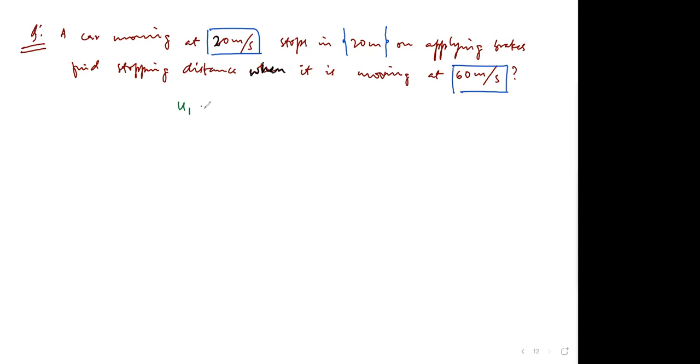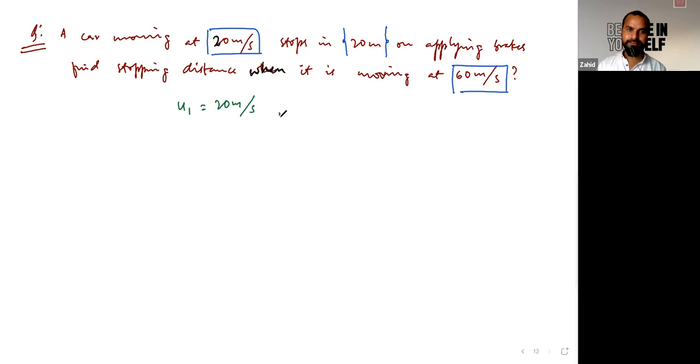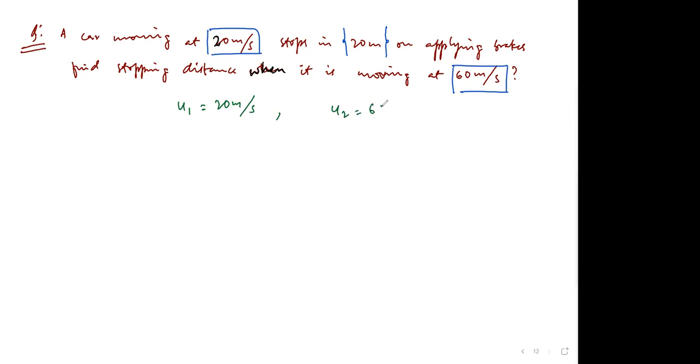We have u1 equals 20 meters per second and u2 equals 60 meters per second.